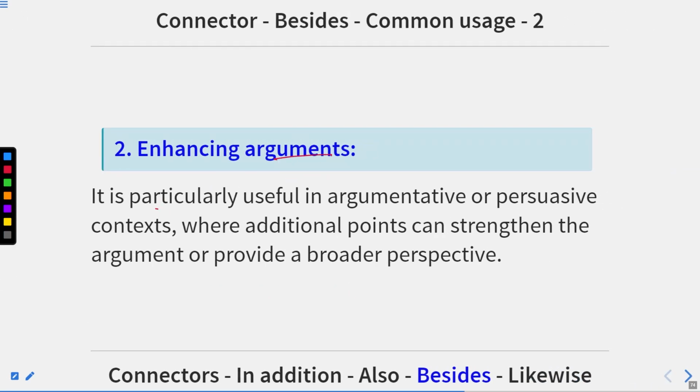Enhancing arguments. It is particularly useful in argumentative or persuasive contexts where additional points can strengthen the argument or provide a broader perspective.